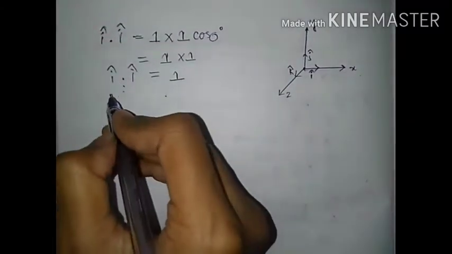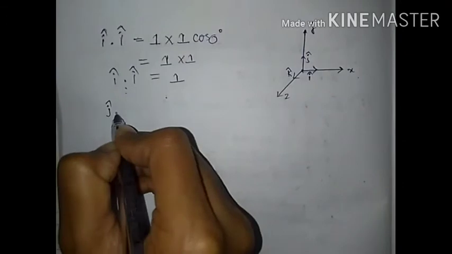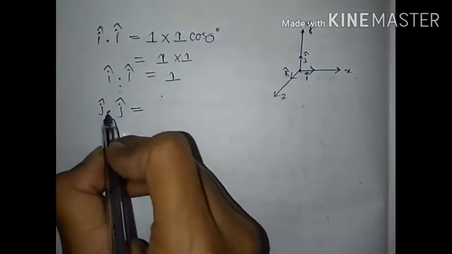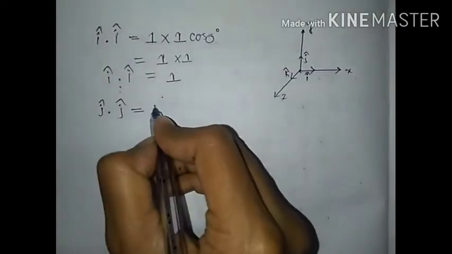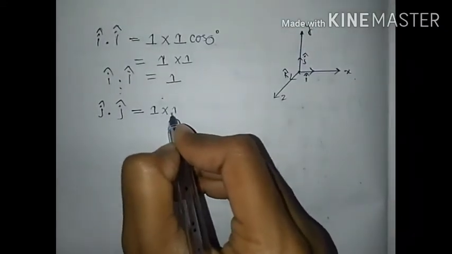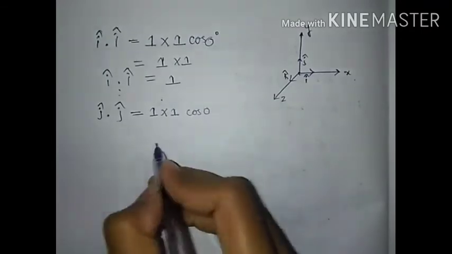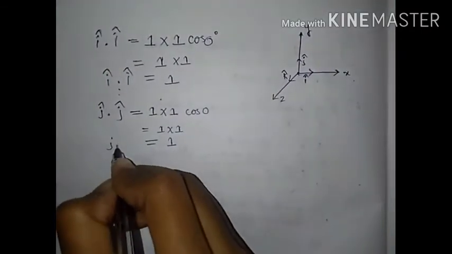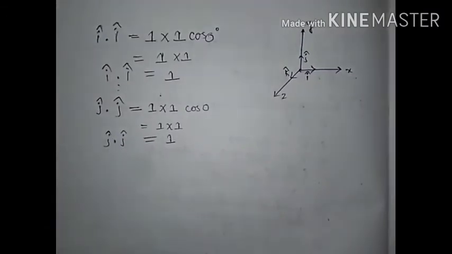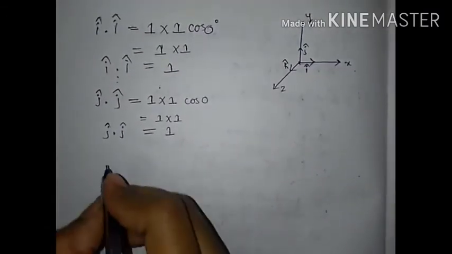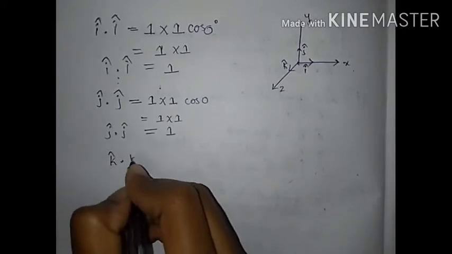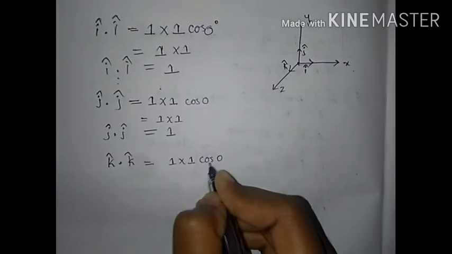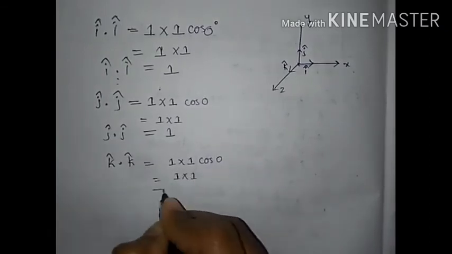Now the unit vector along the y axis is j. So j dot j is 1 multiplied by 1 cos 0, which is 1. Now let us take k dot k. It is again 1 multiplied by 1 cos 0, which is 1.